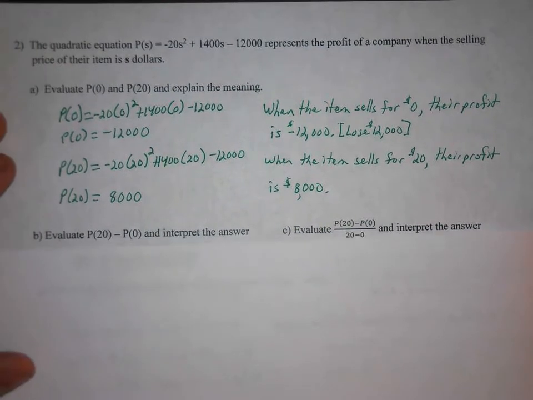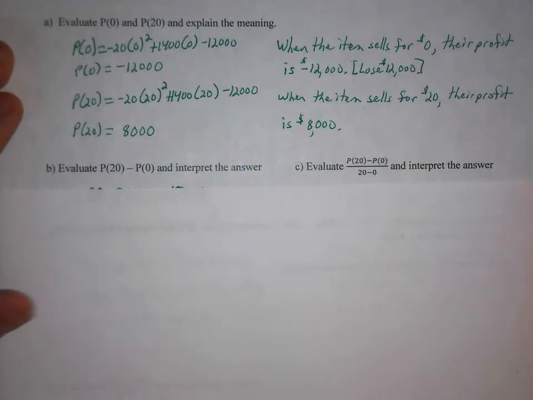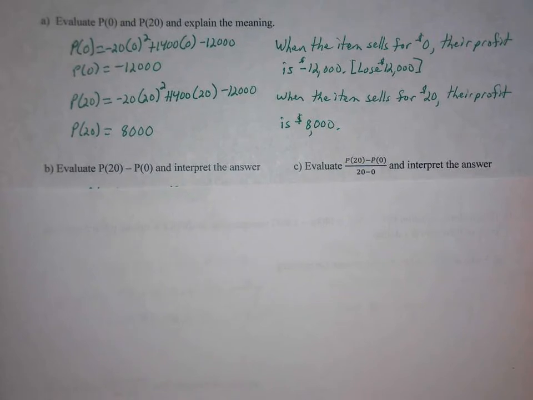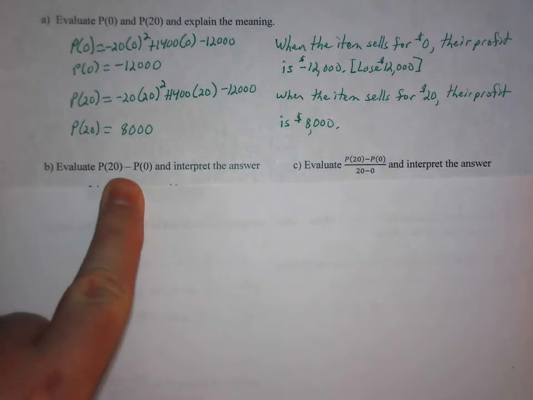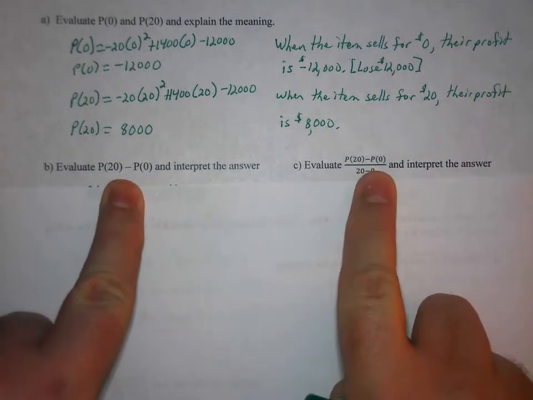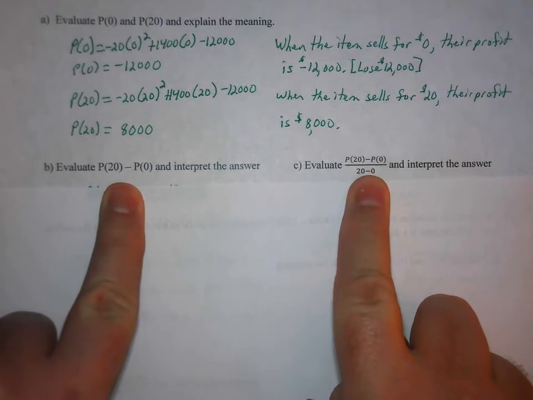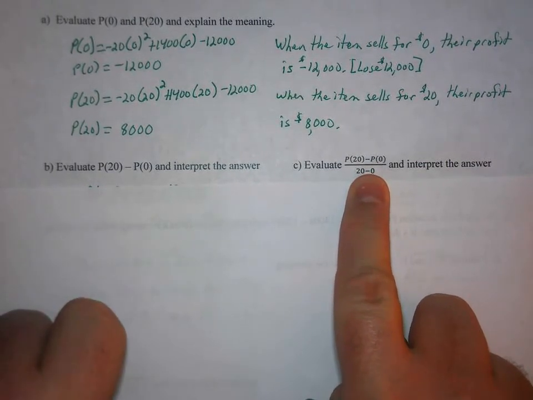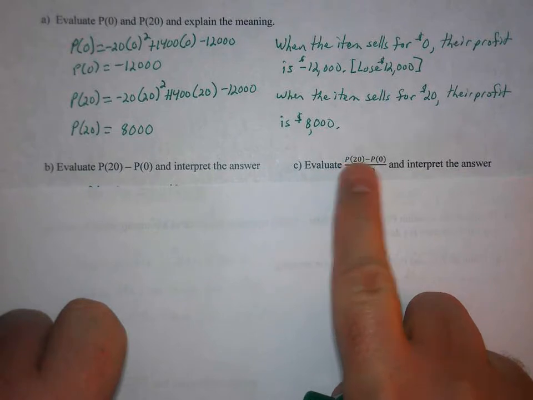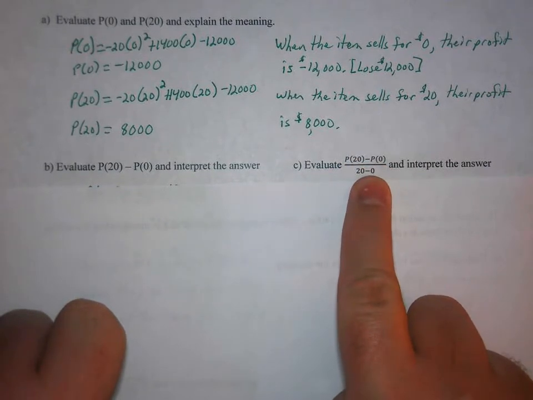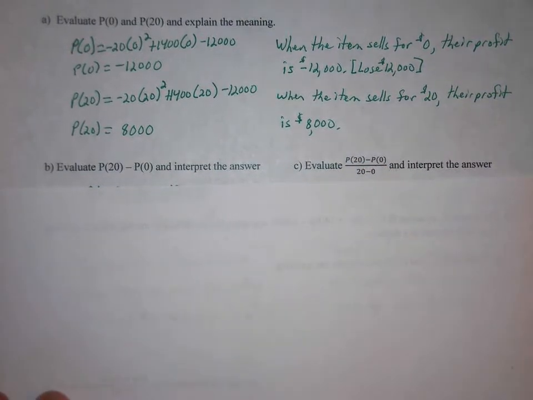So now, if you evaluate P of 20 minus P of 0, think about that as absolute change. And over here, this one is going to be average rate of change, because you're dividing by y minus y over an x minus x. Okay, so that's going to be an average rate of change.